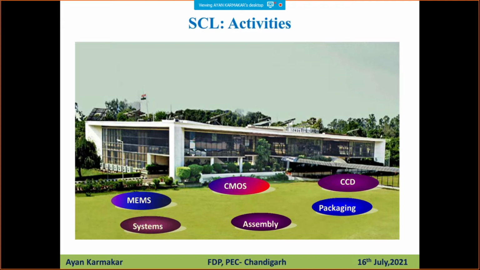That means you start from your design, then you can fabricate, and finally you can have your systems after testing, characterization, then packaging and all these things. So you can have a flavor of a whole system out of this semiconductor laboratory. That is the beauty of this center.